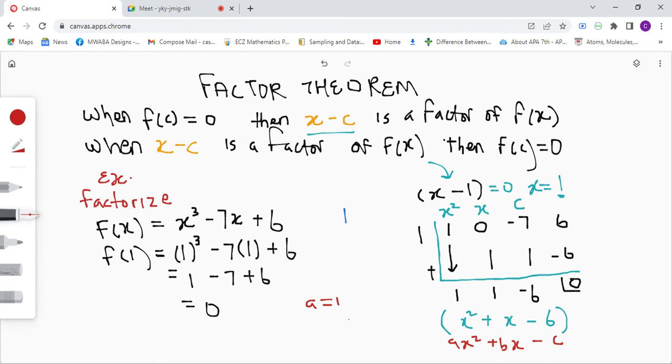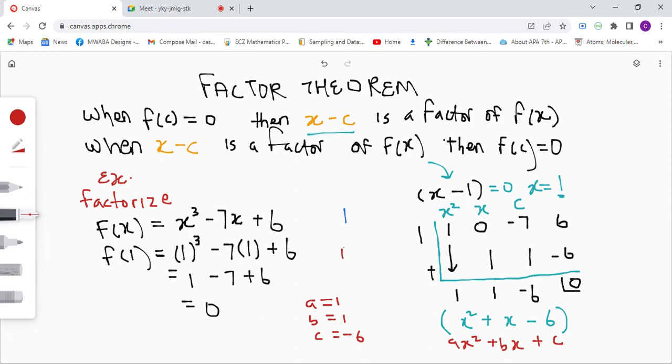B is the coefficient of x, which is 1. And our c equals negative 6. C is the constant, b is the coefficient of x, a is the coefficient of x squared.